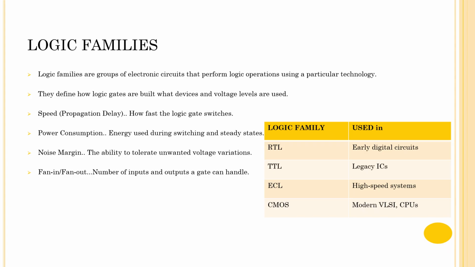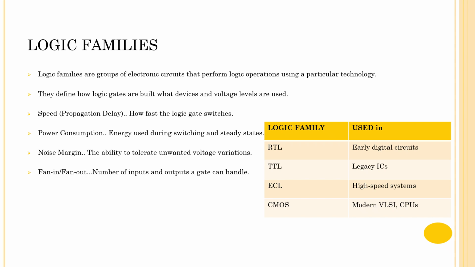Then TTL, transistor-transistor logic. TTL replaced resistors with transistors for faster switching. It typically operates at 5 volts, offers moderate power consumption, and has good noise margin. It became hugely popular in the 74XX series ICs, which were used in classic microcontrollers, processors, and control systems.